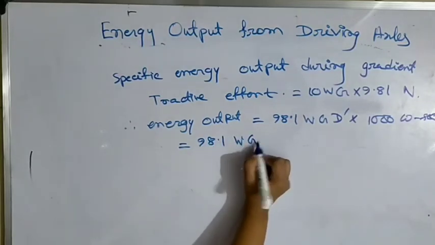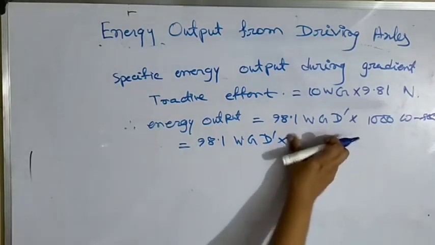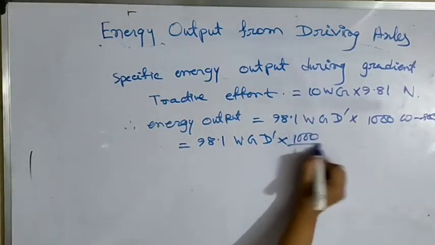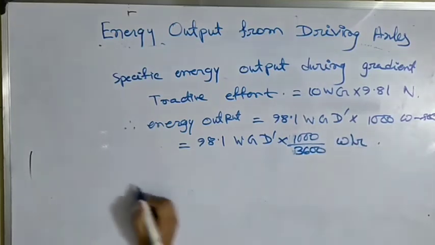That is 98.1 Wg D dash into 1000 by 3600 watt hour.